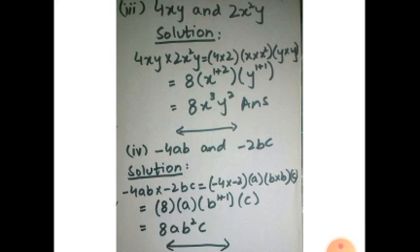Then 4 into 2 gives us 8, and x into x square becomes x power 1 plus 2, and y into y becomes y power 1 plus 1. Now when we add the powers, it becomes 8x cube y square. This is the answer.